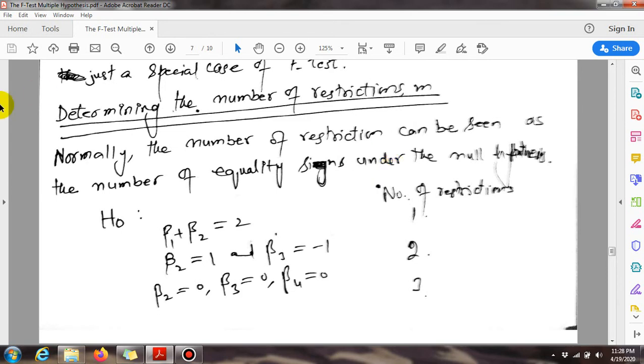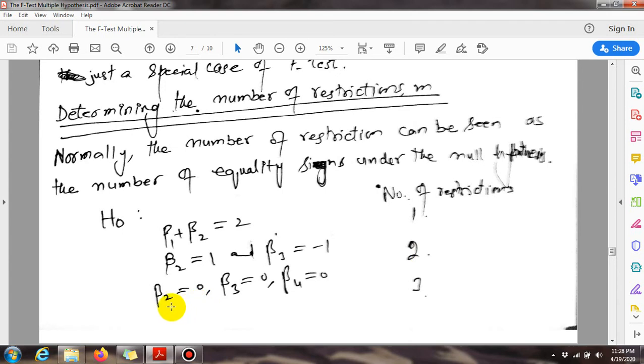If you have beta 1 plus beta 2 is equal to 2, this reveals that there is one restriction in the model. If you have a null hypothesis that beta 2 is equal to 1 and beta 3 is equal to minus 1, then there are two restrictions.